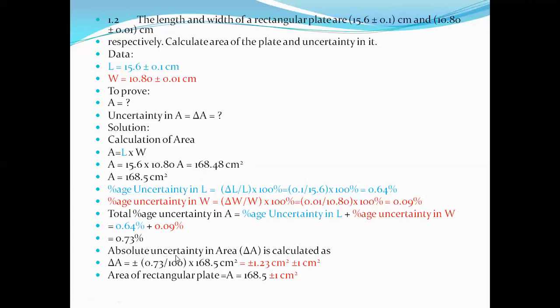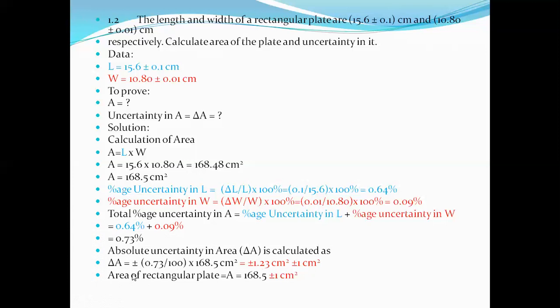Now, how can we find the absolute value for this percentage? The absolute uncertainty in the area is calculated by taking the uncertainty, 0.7 divided by 100, multiplied by the value which we already know, the area. So it will be 168.5 with an uncertainty of plus minus 1.23, or if we round it off, plus minus 1 centimeter cube.